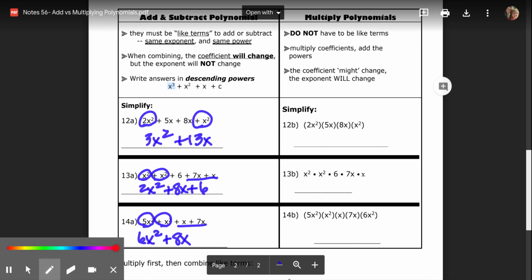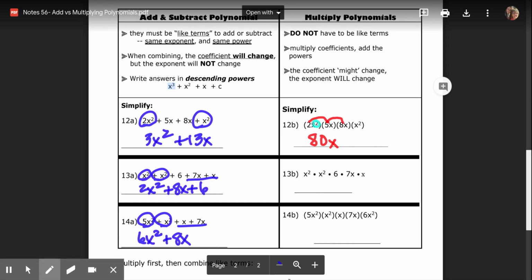So we can pull out all of the coefficients. So 2 times 5 is 10, times 8 is 80. So this would be 80 x. Now then, let's take a look at our exponents. In fact, let me do this in a different color. You have a 2 right here.